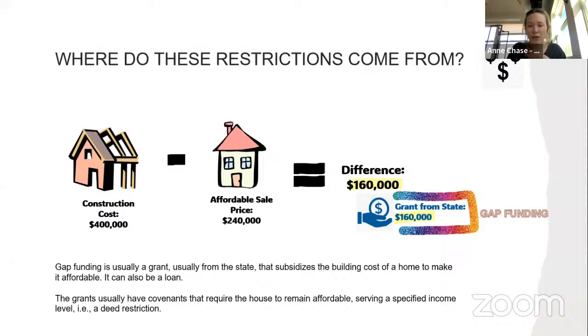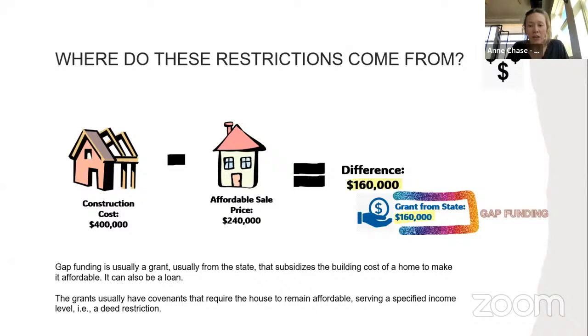And real quickly, I just wanted to go over where these restrictions come from as far as income level. So in order to make these projects feasible and affordable, we have to source funding to cover the difference between the construction cost and what is considered affordable.